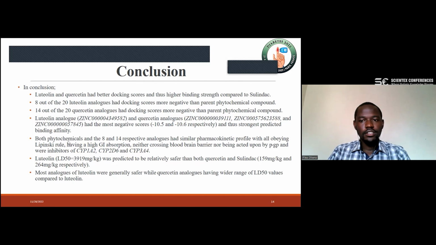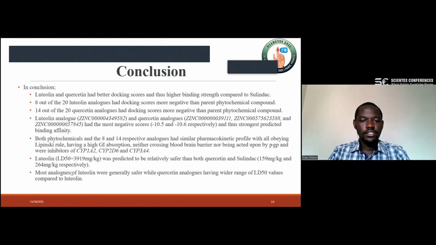Both phytochemicals had a similar pharmacokinetic profile, and all obeyed Lipinski rule, having high GI absorption, and neither did they cross the blood-brain barrier, nor were they substrates of P-glycoprotein.